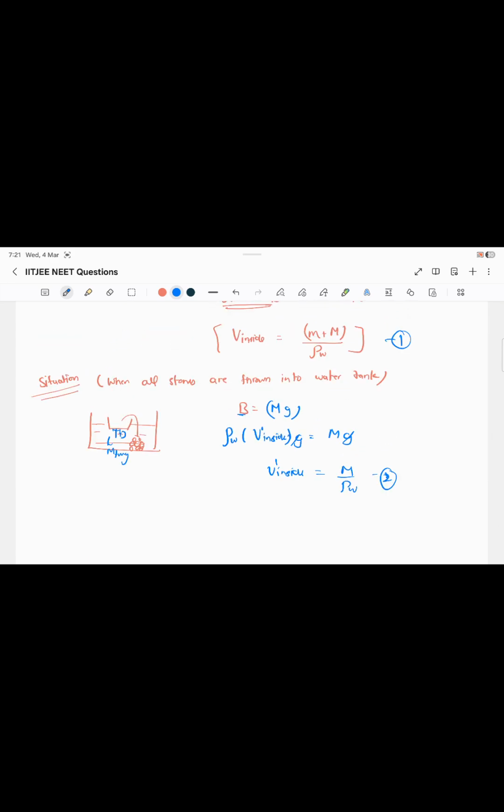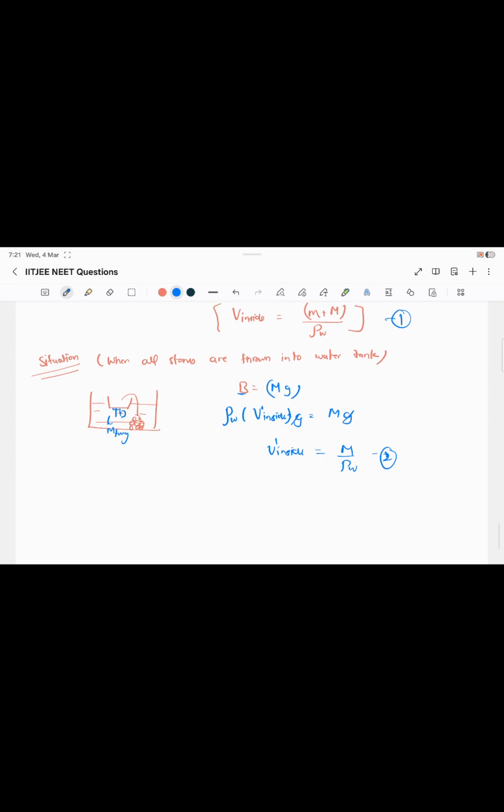So we can equate by seeing both equations. What will be your comment on this? By observing 1 and 2, you can clearly say that v inside in the second case, that is M over rho w, will be less than v inside in the first case, that is m plus capital M over rho w.